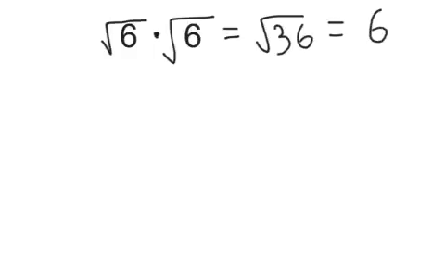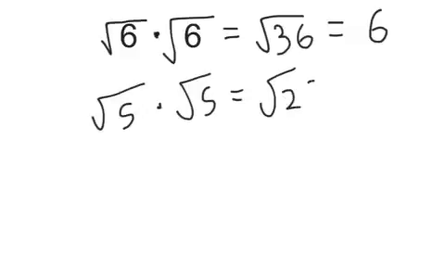I am noticing a pattern. If you multiply a square root times itself, you're always going to get that number. So let's say root 5 times root 5. That's root 25, which equals 5.